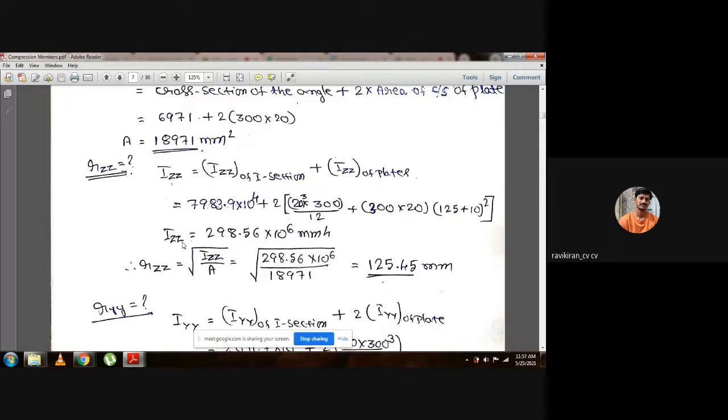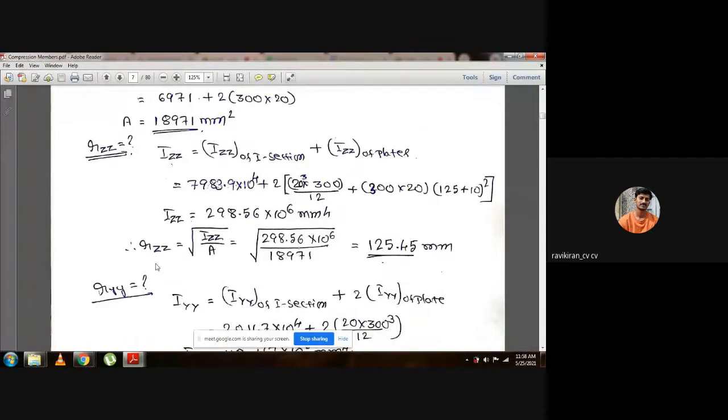If you want to calculate the least radius of gyration, the formula is square root of I by A. We have considered the ZZ plane, so let us use that value. IZZ is 298.56 into 10 power 6 divided by the total area we got, 18971 mm square. If you do so, you will get 125.45 millimeter of radius of gyration in the ZZ direction.